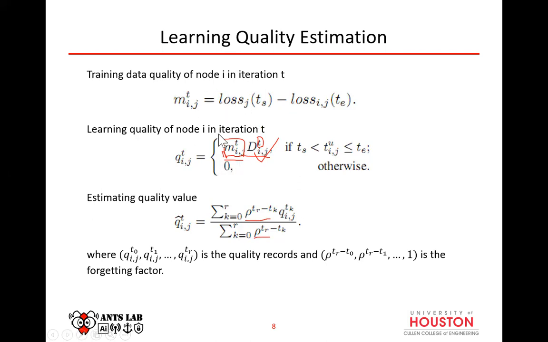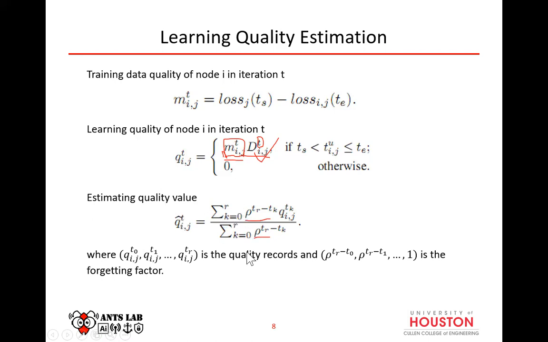Because in this system, if you select the nodes before they send up the loss information, the loss information and training data quality need to be predicted.